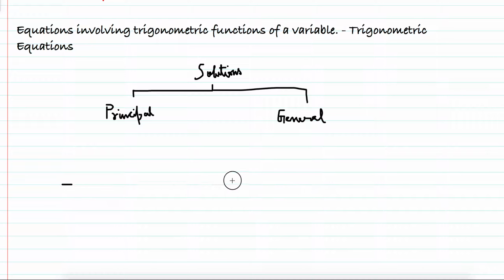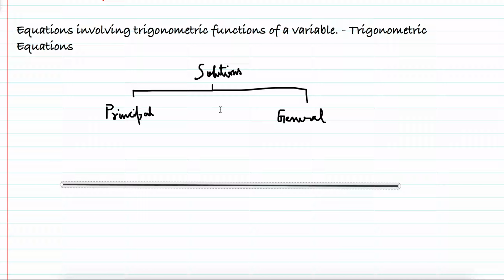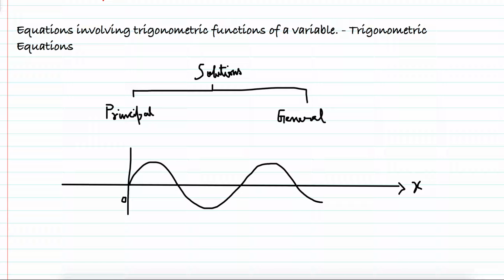For example we can take the case of a sine function, the simplest one. If this axis denotes our angle x in radians, our sine function is like this. The max value is 1.